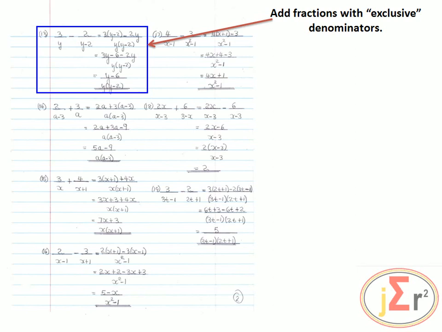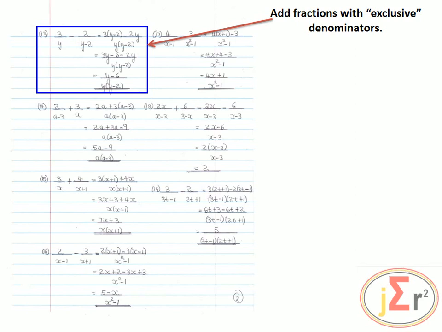It is only a name tag that I use to identify denominators that do not have a common factor. So those denominators that do not have common factors, we call exclusive.